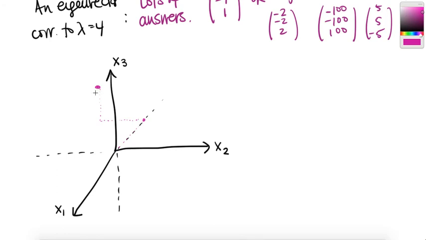So our vector is here, and it's going backwards and then up. So our eigenspace is all multiples of this. And what are scalar multiples of a single vector? They are a line.